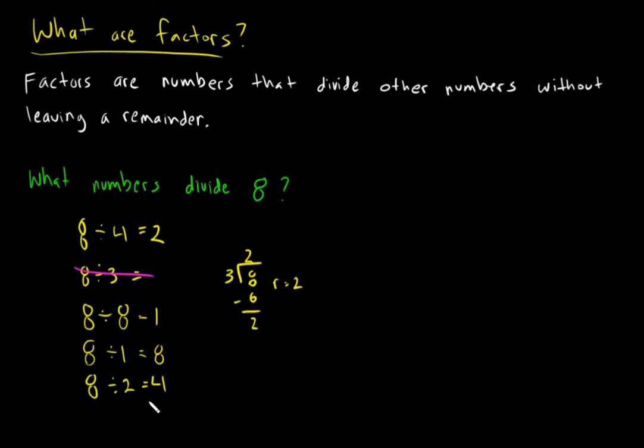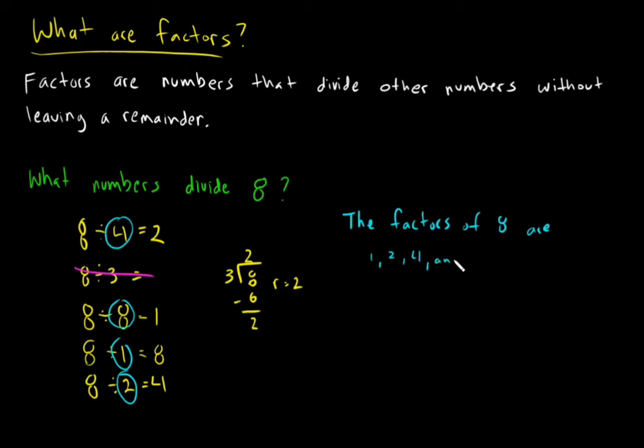Look at the numbers that you used to divide 8. We used the numbers 4, 8, 1, and 2. Those are what we call factors of 8. So the factors of 8 are, again, I like to put them in ascending order, from smallest to greatest: 1, 2, 4, 8.